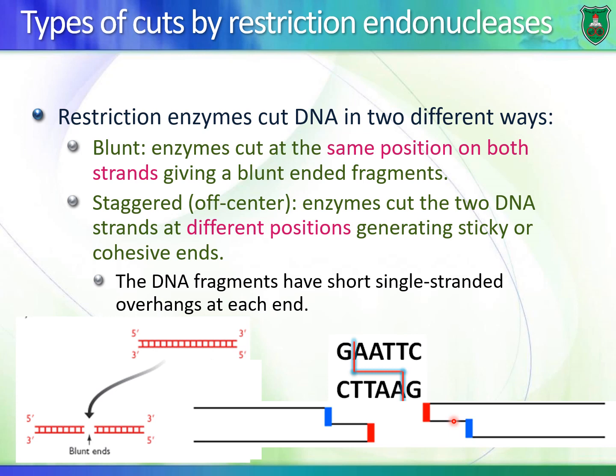The reason they're called sticky ends is that this end is complementary to this end. So these two ends can form hydrogen bonds between each other, except that it is not stable, because there is no phosphodiester bond between this nucleotide and that nucleotide. So that's the meaning of sticky-ended DNA fragments.